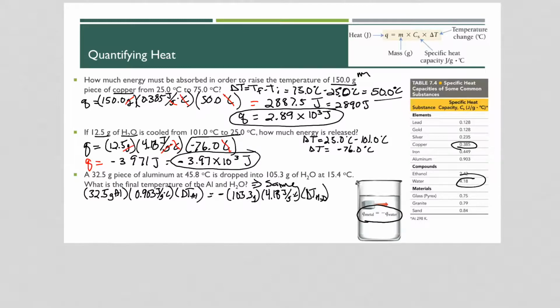So if we do some simplifying here, we can say 29.35 joules over degrees Celsius. We do this multiplication, and our grams cancel.